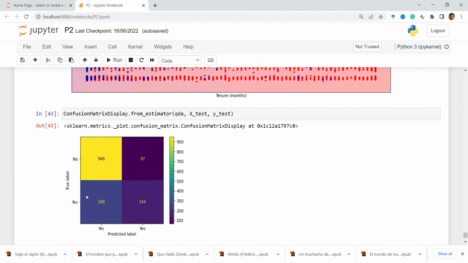And the confusion matrix is this one, and what we see, for instance, is that the classification of the people who will leave the company is worse than what we had before. Before it was more or less half-half, now it is more like 2/3, 1/3. And that's it.